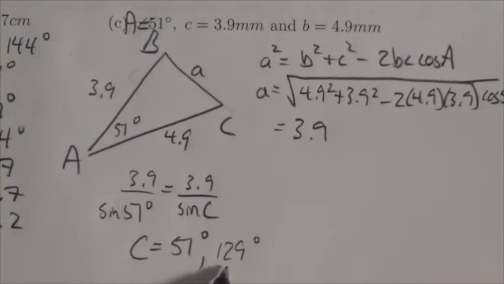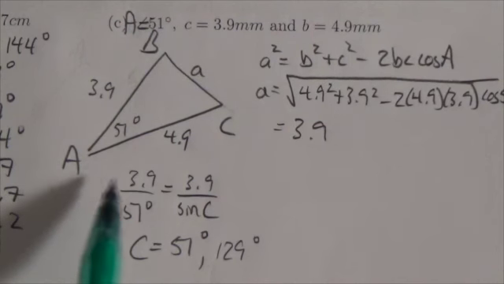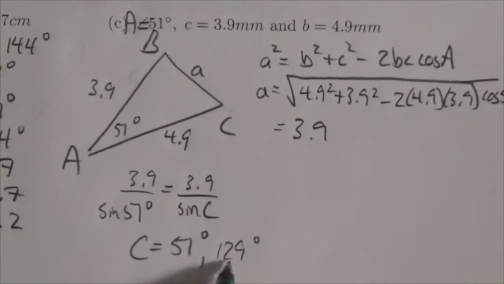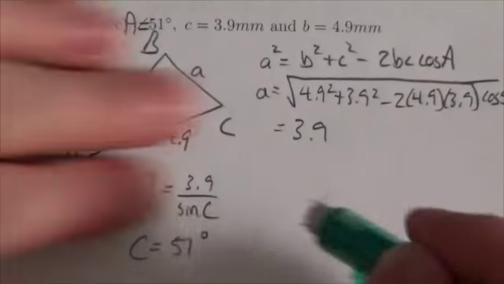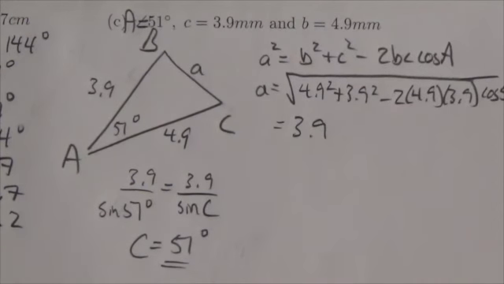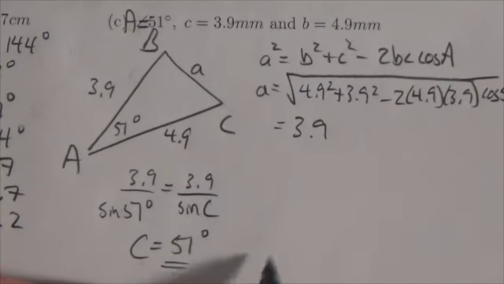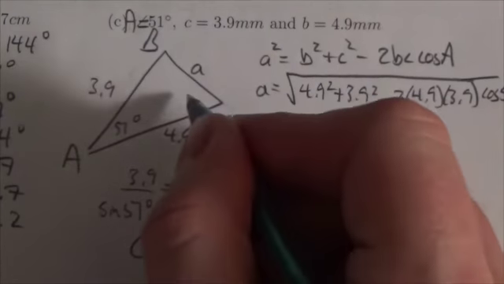But if that's true, then 180 minus 51 for angle A minus the 129 would leave us with 0 degrees for the third angle, and that just doesn't make any sense. So 129 degrees doesn't work. There is only one solution here. If you try to solve for the angles given that other value, you simply run into a problem. So angle C has got to be 51.